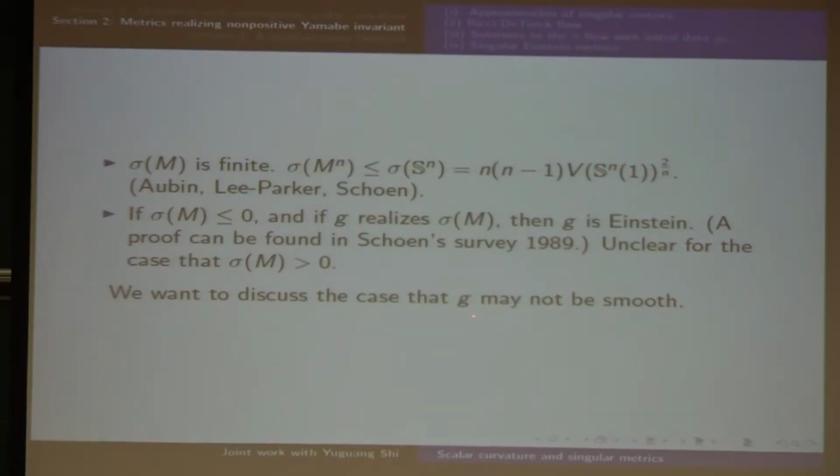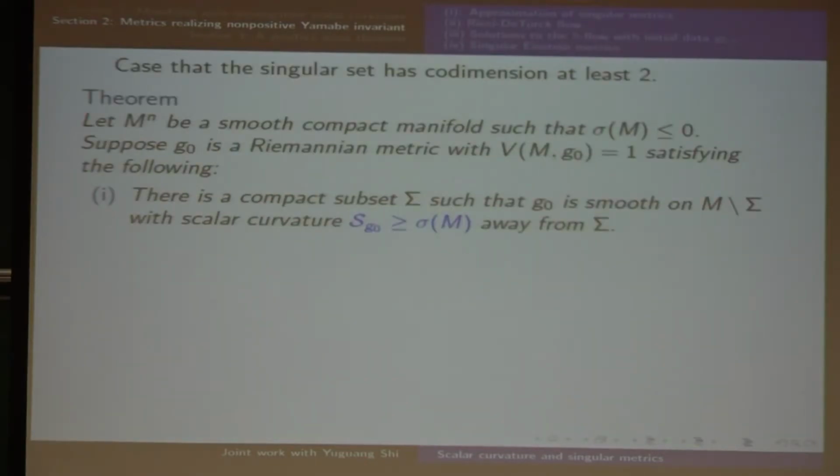What can we say if g may not be smooth? Suppose we have a smooth manifold M, and then we can define sigma M, and then we have a metric g, so that g may not be smooth, but the scalar curvature satisfies a certain kind of property. Then what can we say? First, we consider the case that the singular set has codimension at least 2.